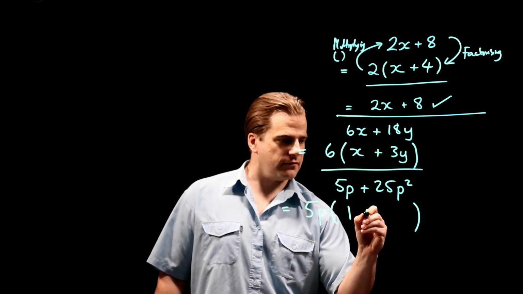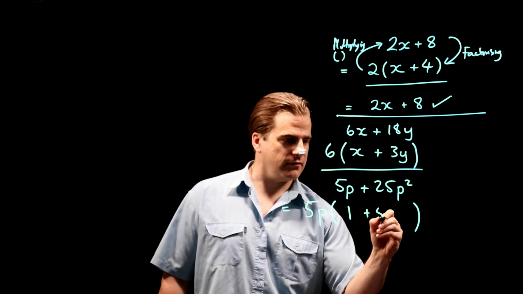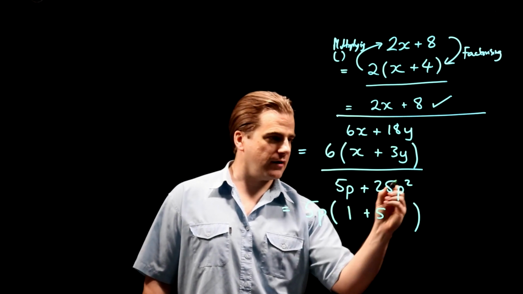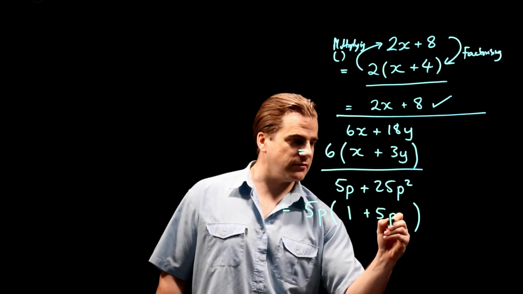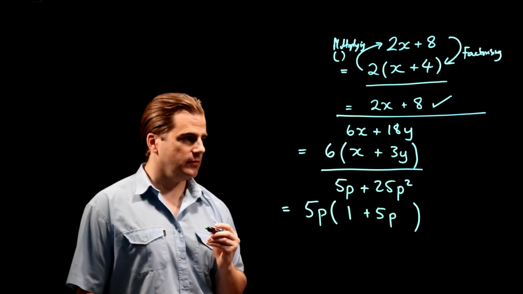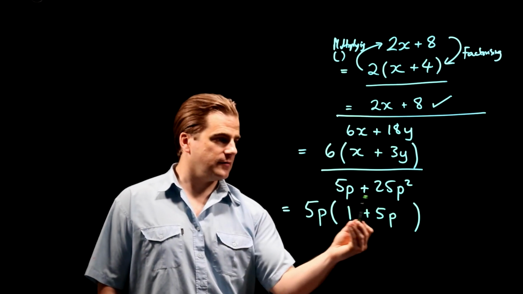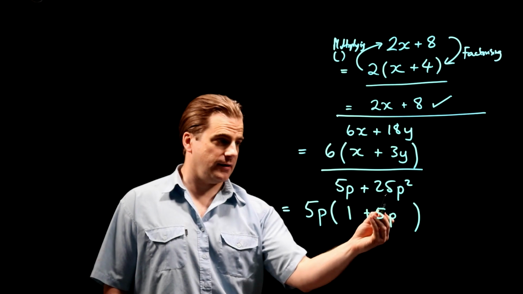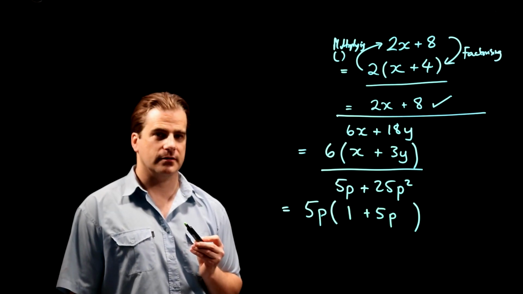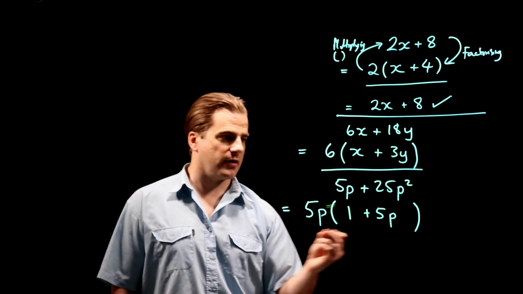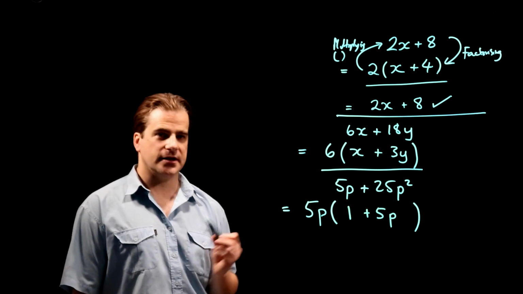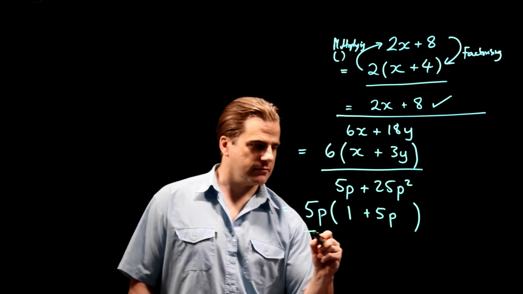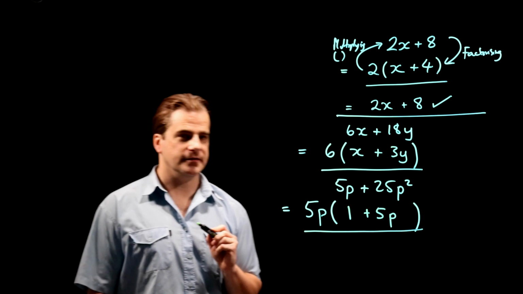Well, 5 times 5 is 25, and p times p gives you p squared. So 5p times 5p equals 25p squared. So that is what we write there. We're finished. Making sense?